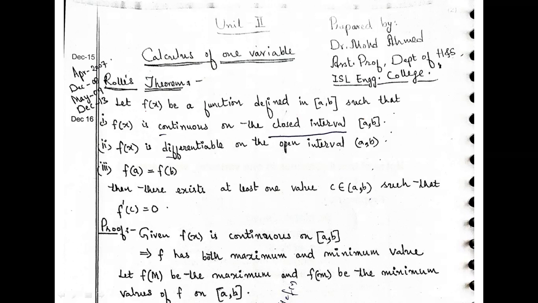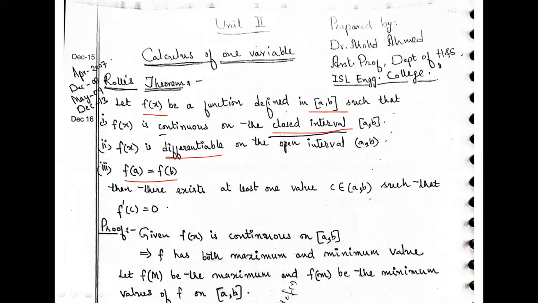Let f of x be a function defined on [a, b], such that f of x is continuous on the closed interval [a, b]. Next, f of x is differentiable on the open interval (a, b), and f of a is equal to f of b.